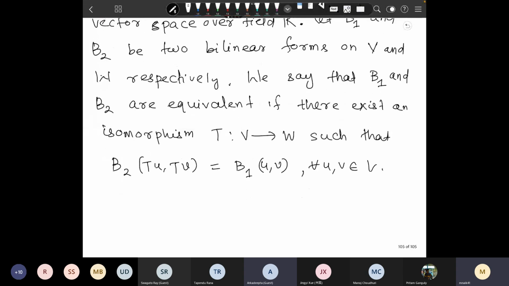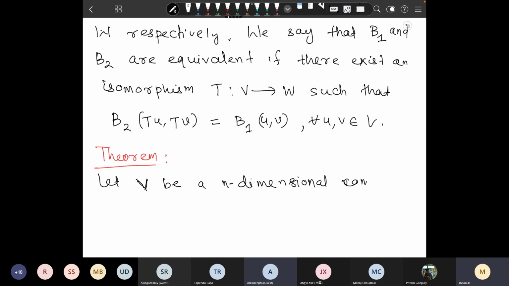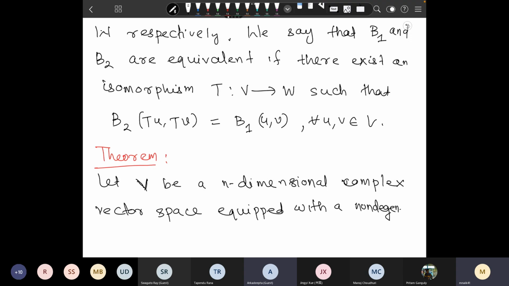Okay, so there is a theorem related to this bilinear form. Let V be an n-dimensional complex vector space equipped with a non-degenerate symmetric bilinear form B on it.